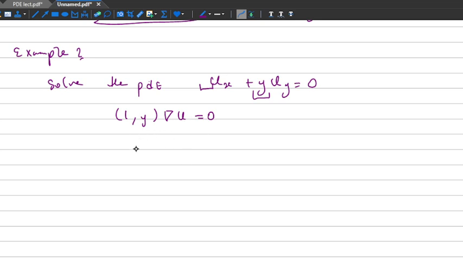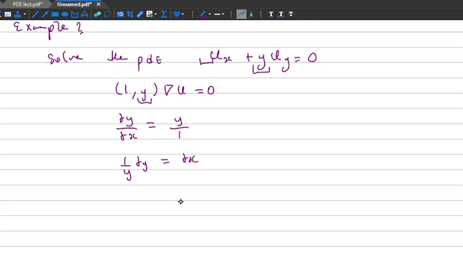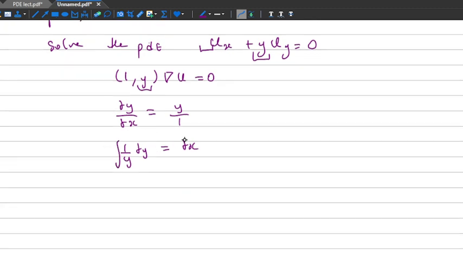So nabla u is just the change in y over the change in x, which can be written as y over 1. Here we can separate variables: 1 over y dy is equal to dx. We integrate both sides and get natural log of y equals x plus c.